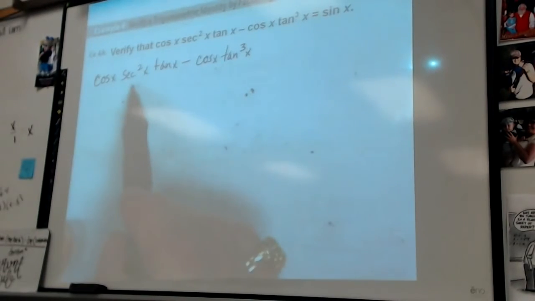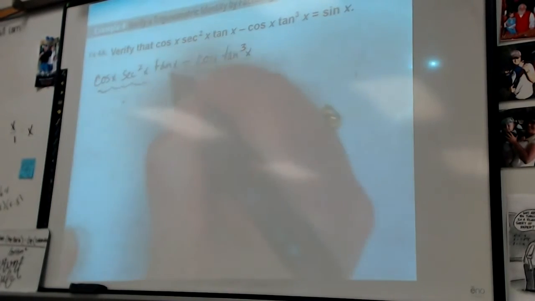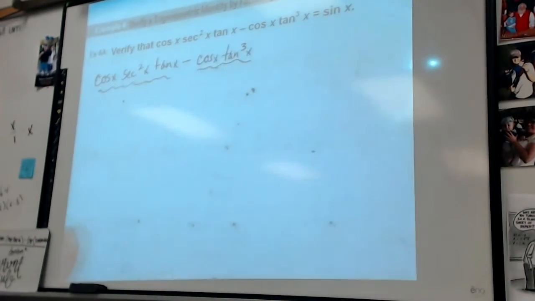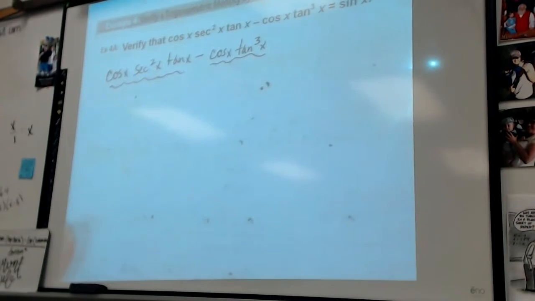Now, just looking at this, there doesn't seem to be a lot that we can do with it. We could go ahead and write that as 1 over cosine if you wanted to, or 1 over cosine squared. But I think I would just go ahead, and if you notice, there's 2 terms here. And remember when we did greatest common factor, factor out the GCF, what they have in common?